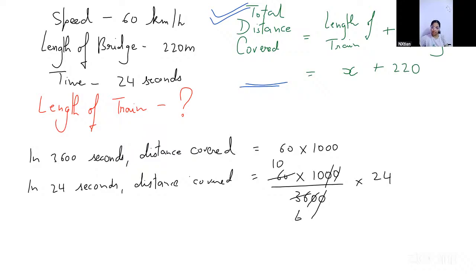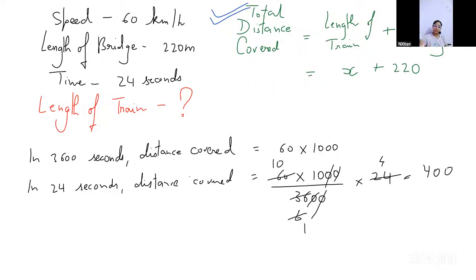So 6 fours are 24, 10 into 10 into 4. We have 400. 10 into 10 is 100. 100 into 4, 400. Okay. In 24 seconds, distance covered is 400.